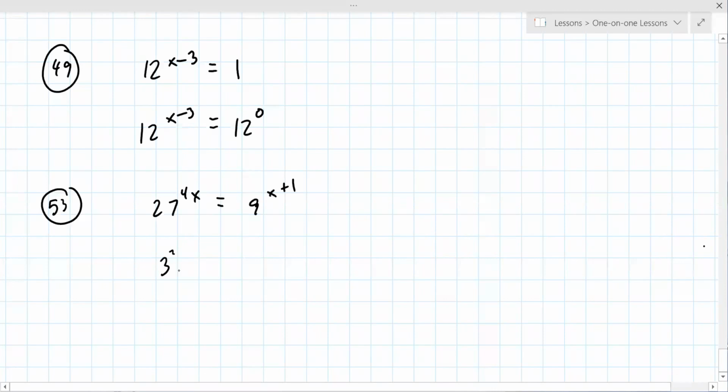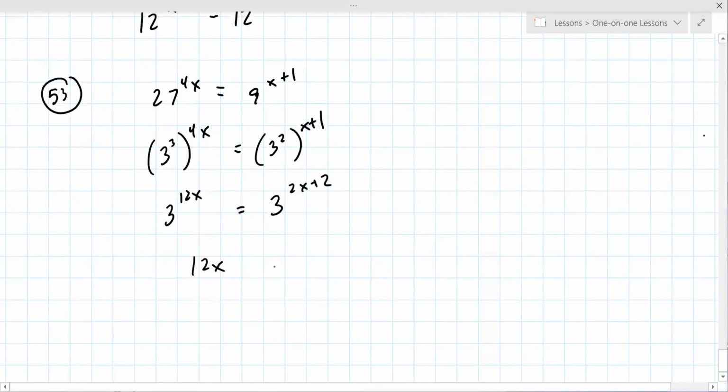I have to distribute. Turn it into 12x equals 2x plus 2. Minus 2x, minus 2x. 10x equals 2. x equals 1/5. Yep.